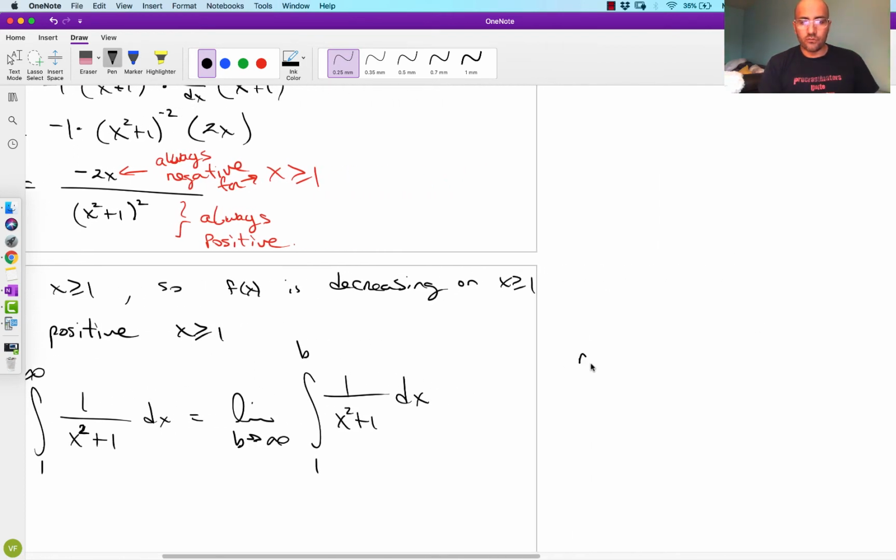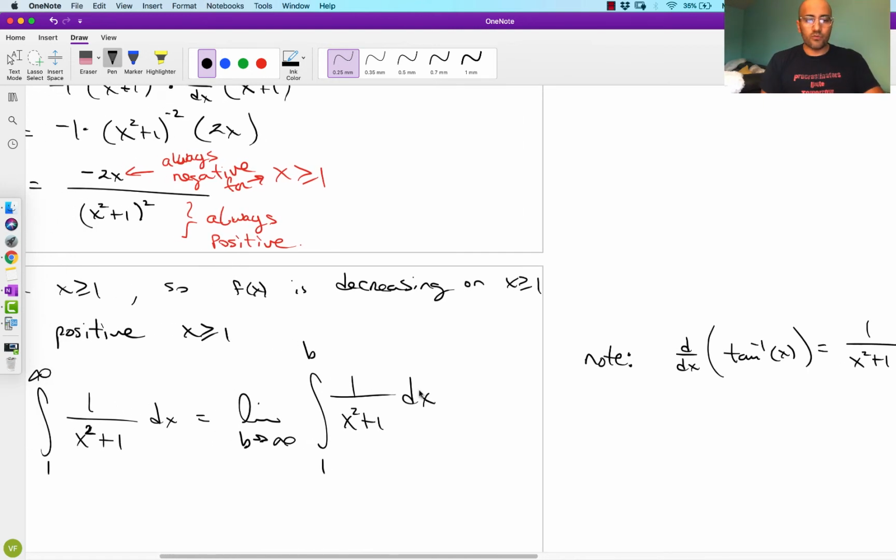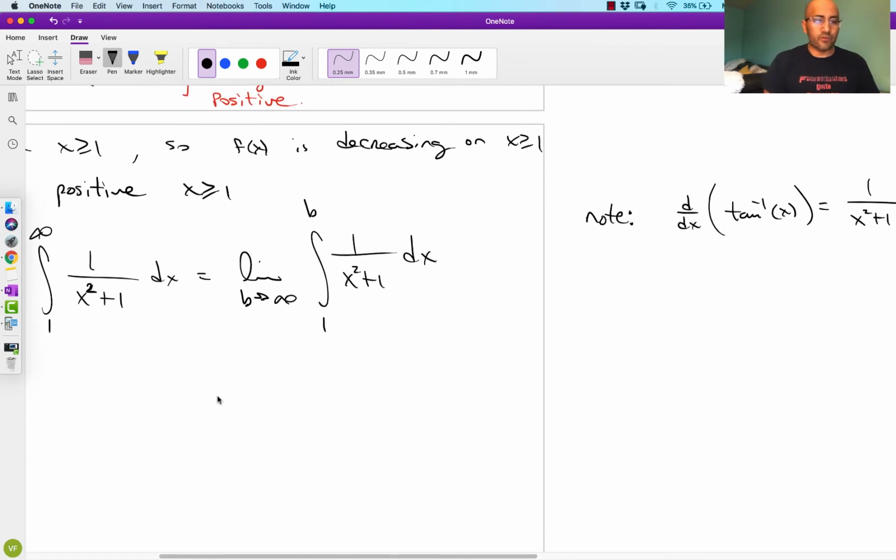So note that the derivative with respect to x of tan inverse of x is equal to exactly this, 1 over x squared plus 1. So that's the antiderivative. No special trick, you just got to remember those derivatives.